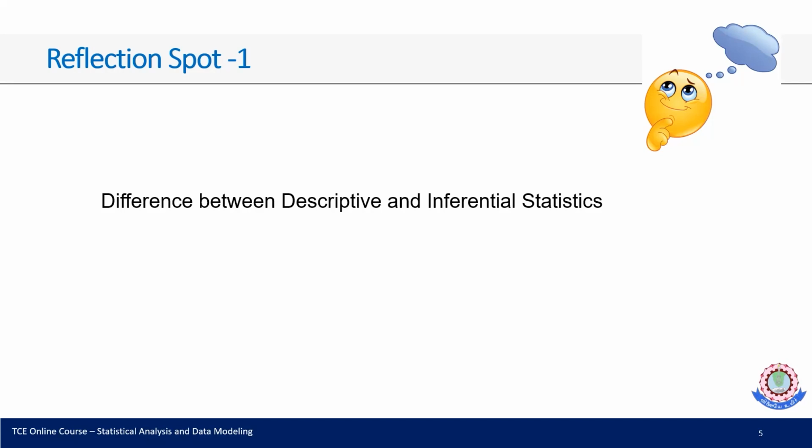Inferential statistics is useful for drawing conclusions and making predictions based on the sample data set we have collected from the larger population. We can call it a representative sample, and from that we are going to infer something. That is the major difference between descriptive and inferential.